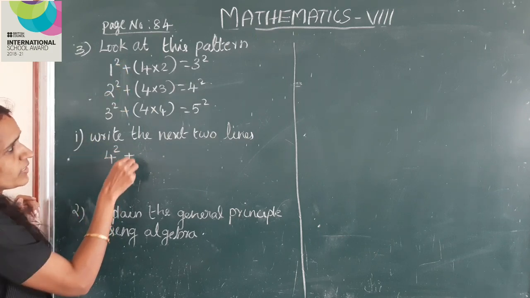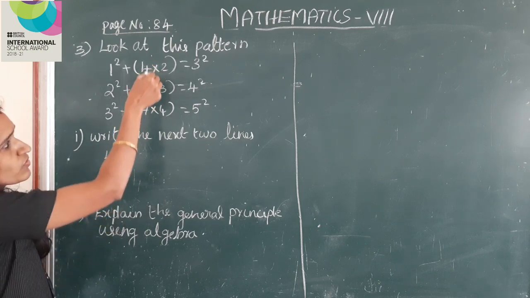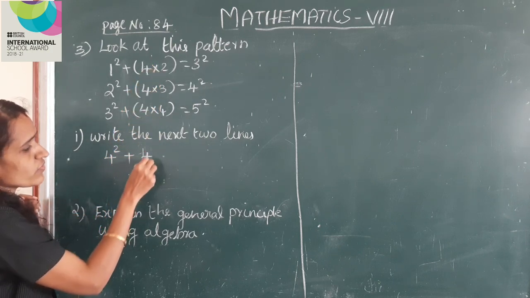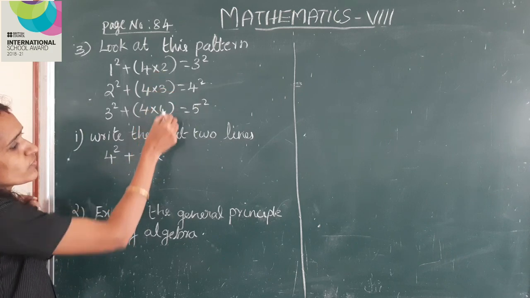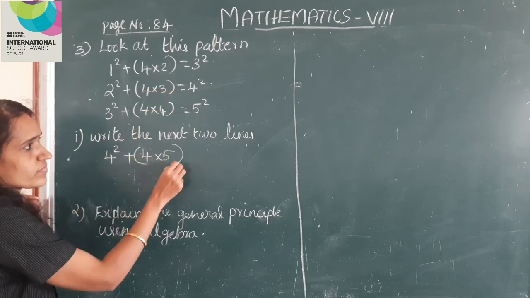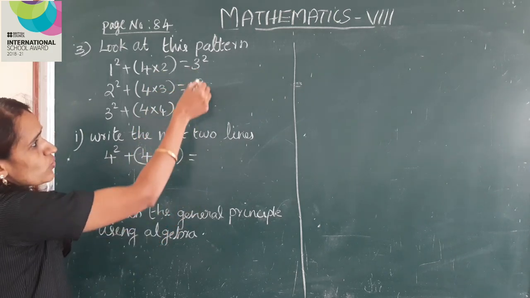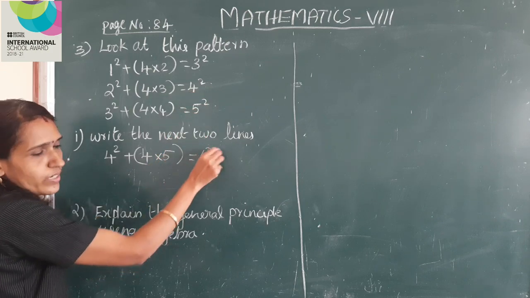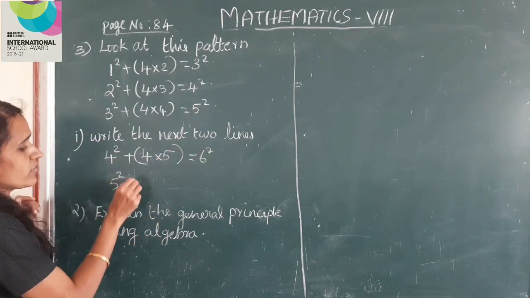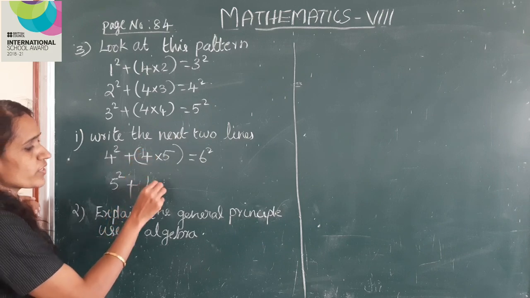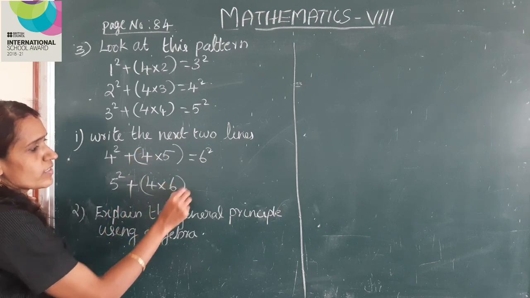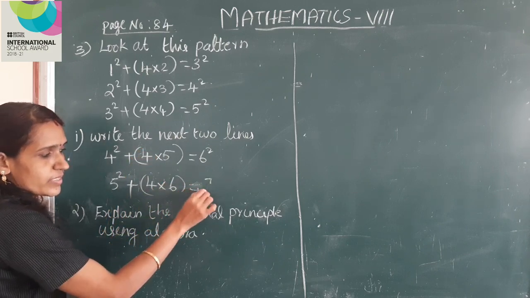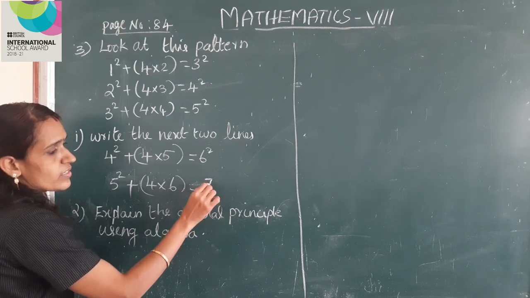So next is 4 square plus 4, which is constant, into 5 is equal to 6 square. Then 5 square plus 4 into 6 is equal to 7 square.